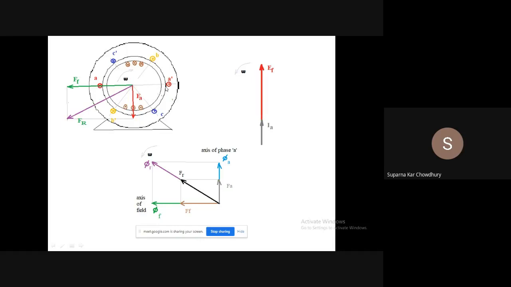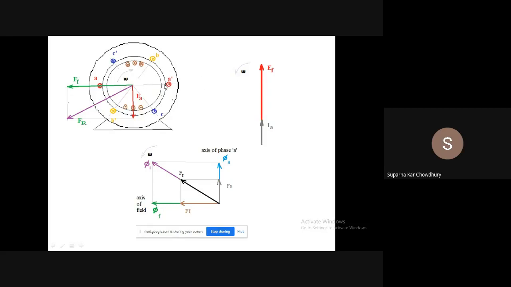So we have seen, for the creation of the rotating MMF, that the resultant MMF is always directed along an axis where the current is maximum.